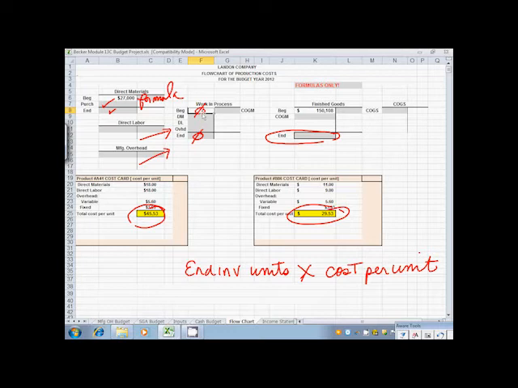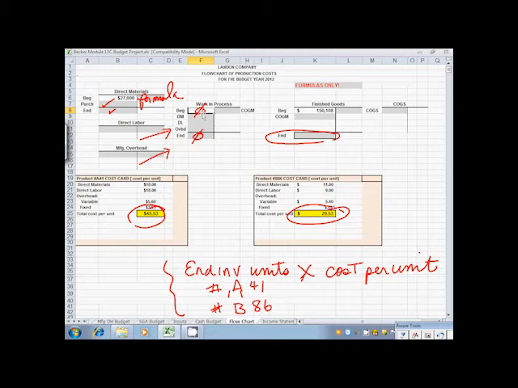You go back to your production budget and you can find the number of units you would have at the end of the 4th quarter. You would do this for product A, and then you would do the same thing for product B86. Find your ending units from the production budget and multiply by the cost per unit and add these together.